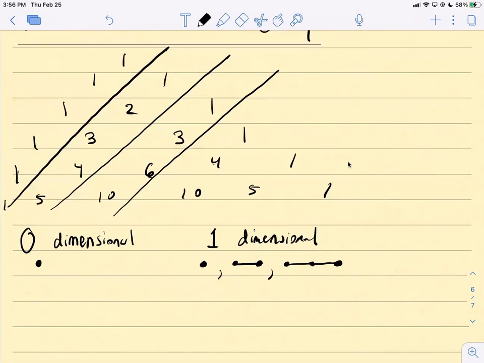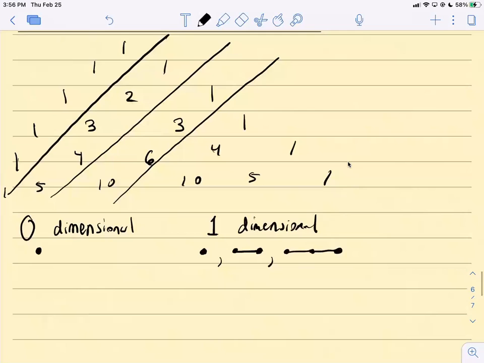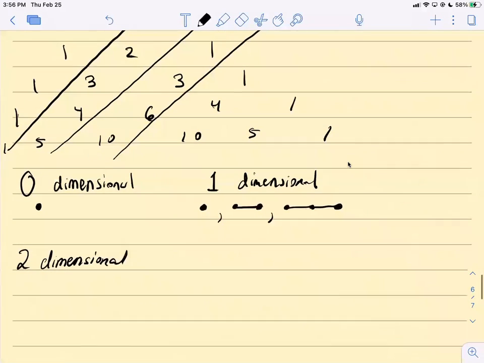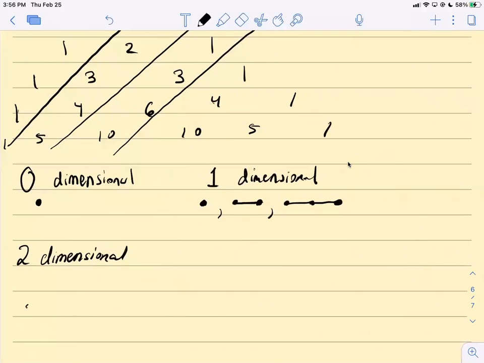But if you want to draw 2-dimensional shapes using dots, the simplest two-dimensional shape that actually has an area is a triangle. And it's exactly like Colette said, you can draw these things that are called triangular numbers.